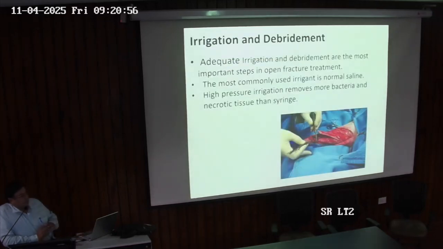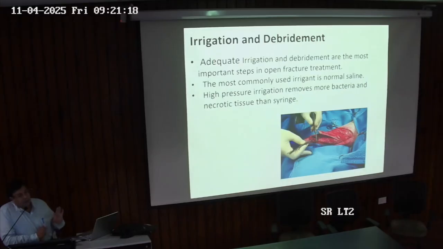Then wound management. So we surgically clean the wound from dead tissue and foreign tissue. So the skin margins, as you can see in the photograph, are freshened up.